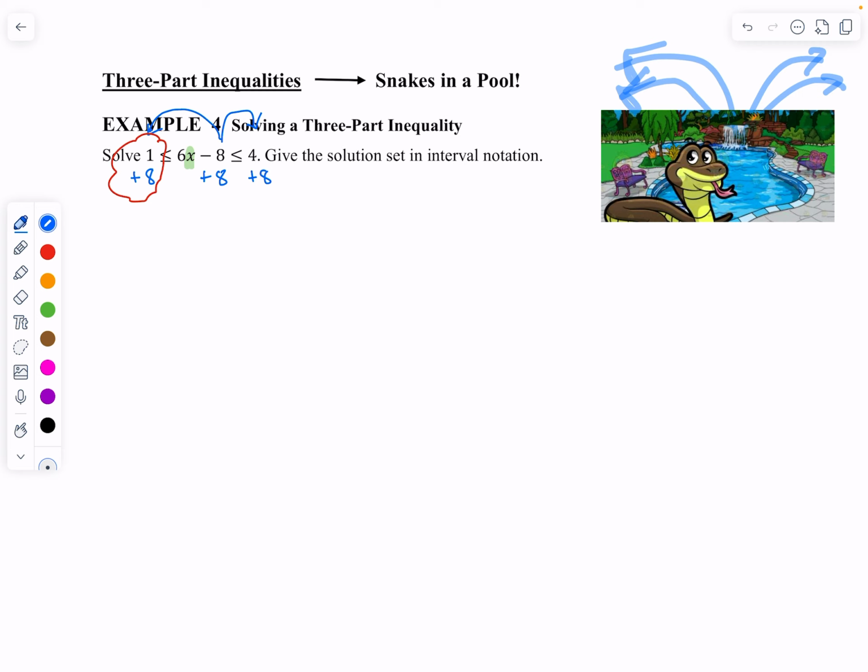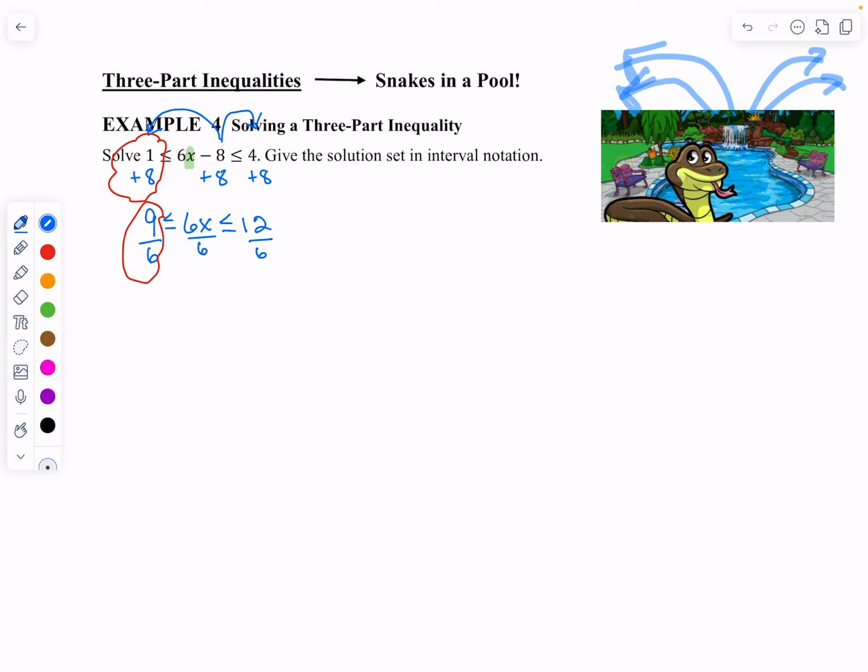All right. So on the left, we're going to get 9. Now, I added, right? So I don't have to change my inequality. When you add or subtract, you don't have to worry about inequalities. All right, now I'm going to divide by 6. Notice I'm dividing all the sides. Usually it's the left side people forget. So I'm going to simplify that.